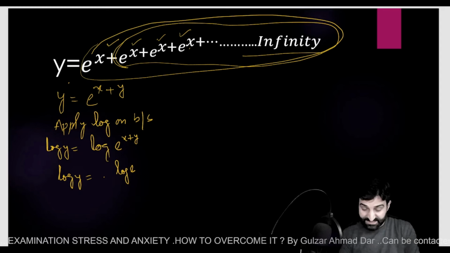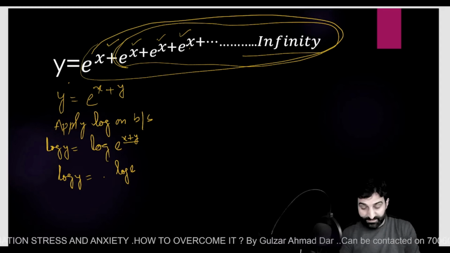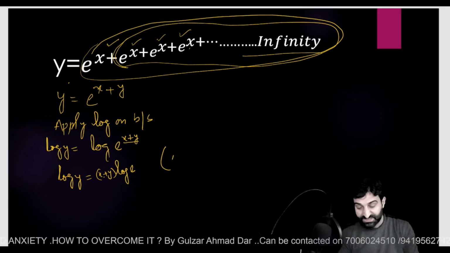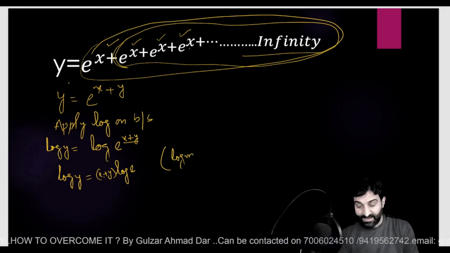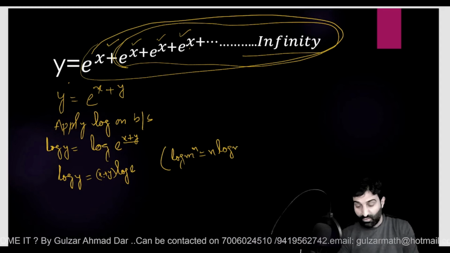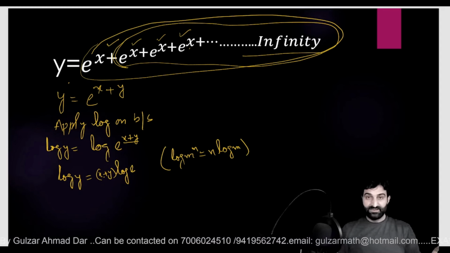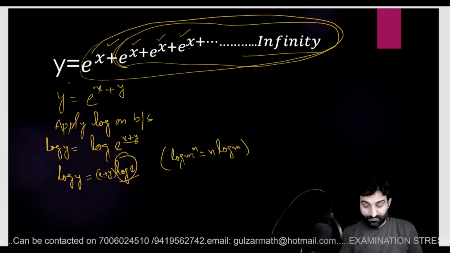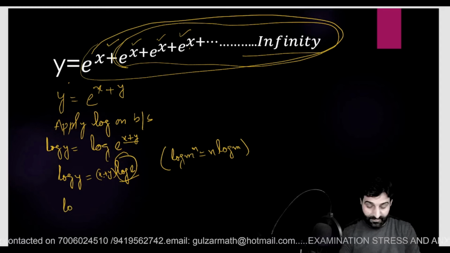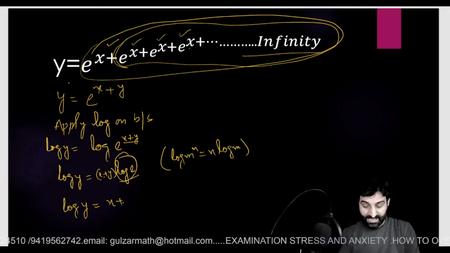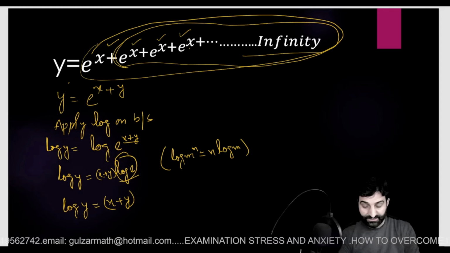Now this power, x plus y, can be written as a multiplication, because log of m to the power n can be written as n log of m. Is it clear? Log of e is equal to 1, so instead of log e, I can write 1. This becomes log of y is equal to x plus y into 1.